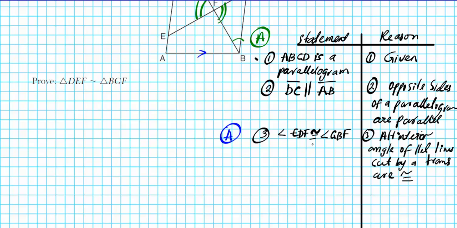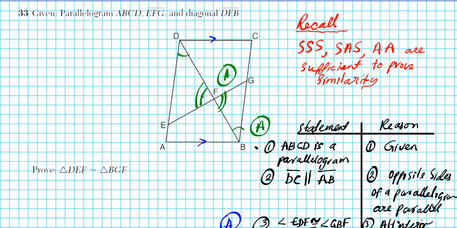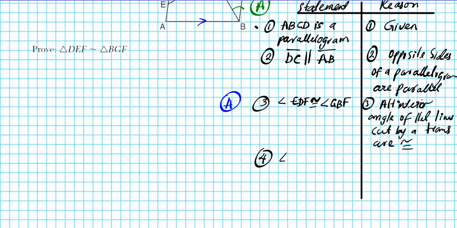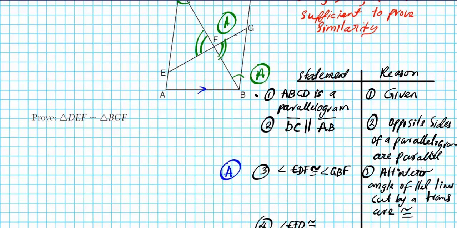the AA similarity postulate, and then we're going to go to the last one, 4, which is stating that this angle right here is congruent to this angle right here. So this one and this one. All right, so let's write it down. So triangle EFD, angle EFD is congruent to, E corresponds to G, right?